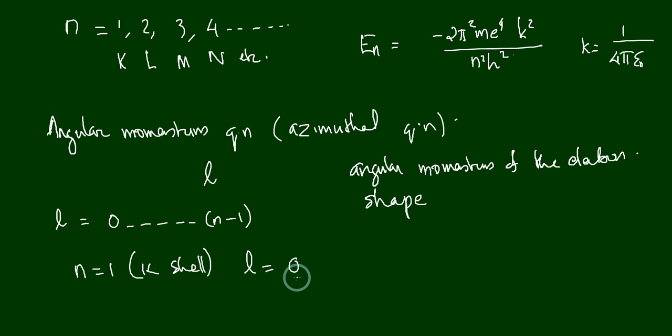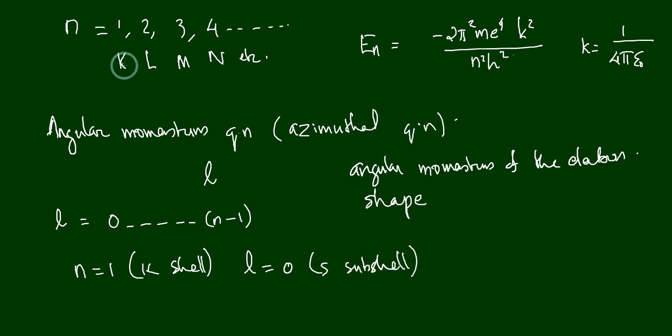So L can have only one value, that is L is equal to 0. And if L is equal to 0, that corresponds to S orbital or S subshell.